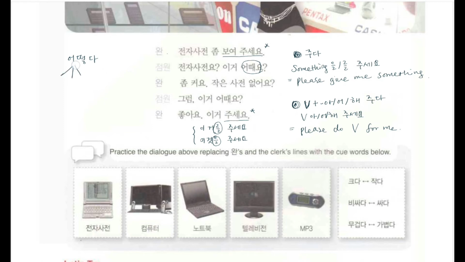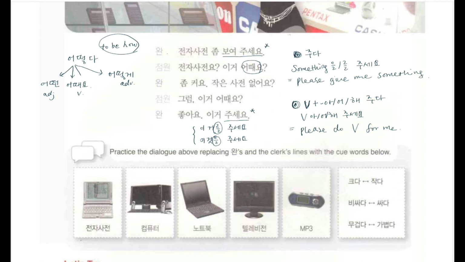It diverges in many ways. 어떤 you can use as an adjective. And as here, 어때요. You can also say 어떻게, how, which is an adverb. This is a verb. It means to be how, and you use it whenever you describe the status of something.